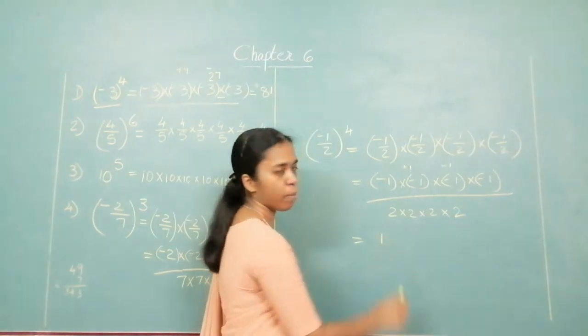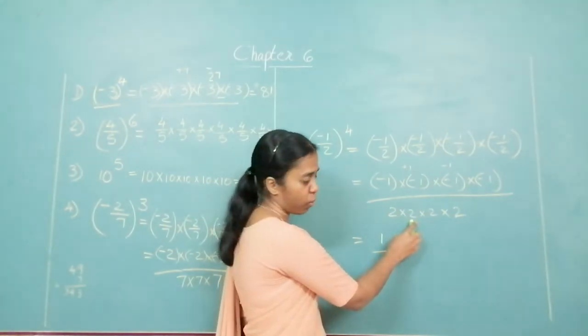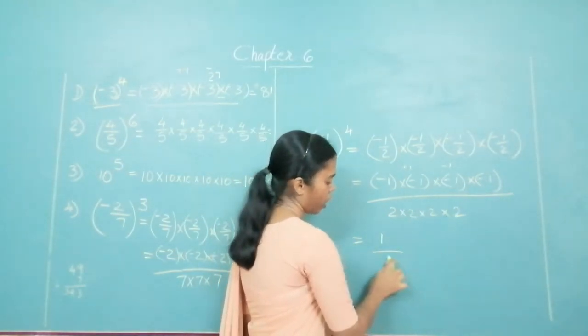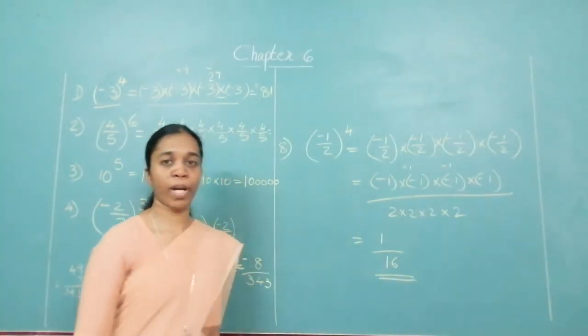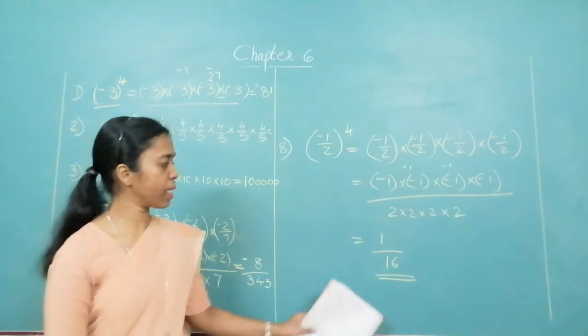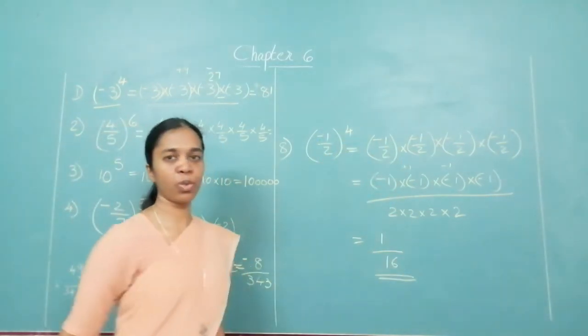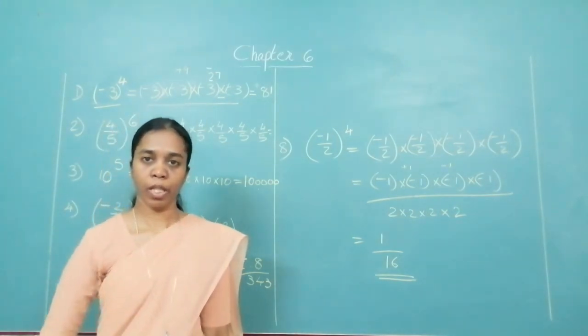So again you are getting plus 1 upon 2 twos are 4, 4 twos are 8, 8 twos are 16. So this is your final answer. This is the value of minus 1 upon 2 raised to 4. This is clear to you?